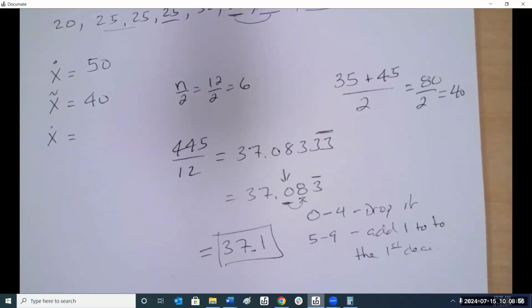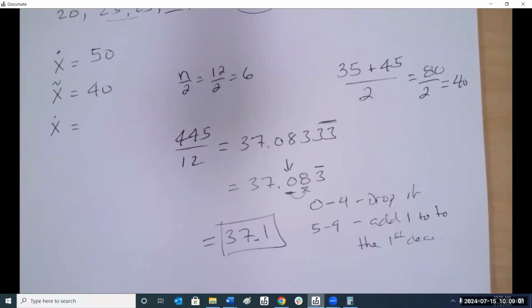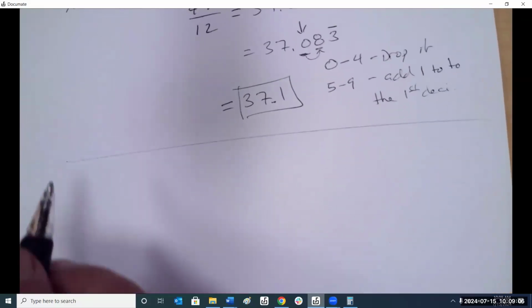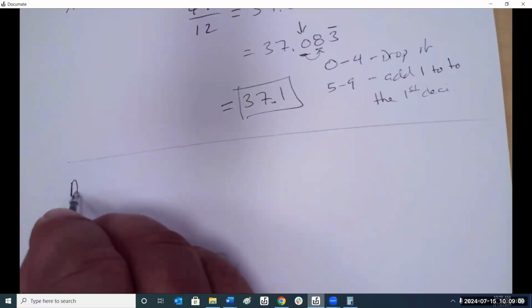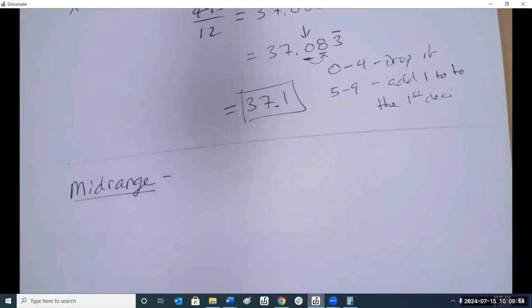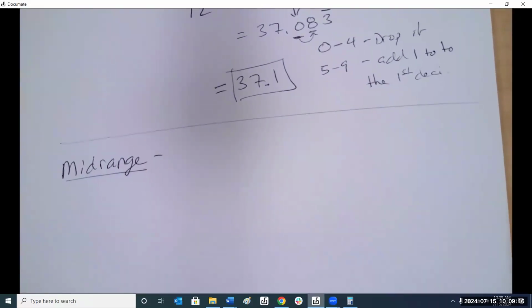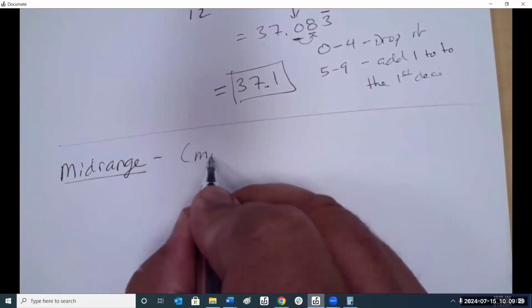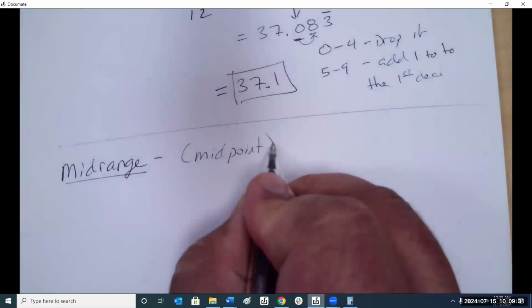There's one more that's used, but it's not really used. So we have the mean, median, and mode so far. Now let's look at something called the mid-range. The mid-range is just another way of saying midpoint, like the midpoint from algebra.